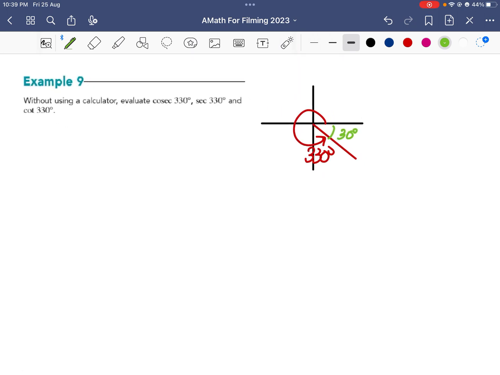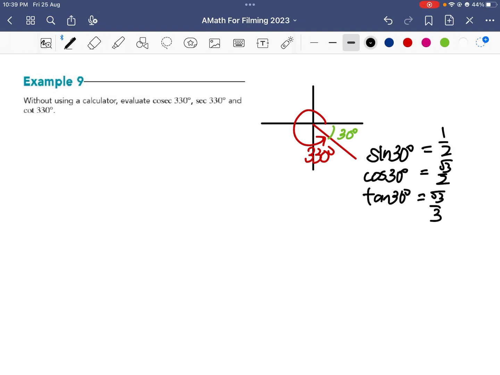So straight away I will write down for myself sine 30, cosine 30, tangent 30. Sine 30 is half. Cosine 30 is square root 3 over 2. And tangent 30 is square root 3 over 3.